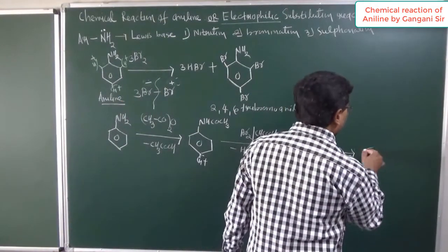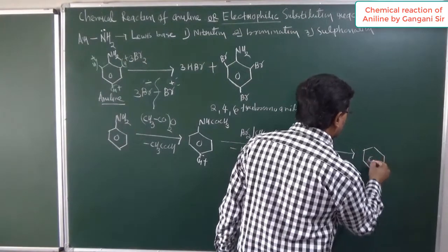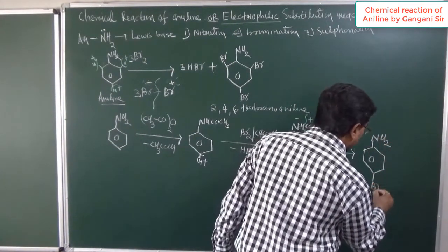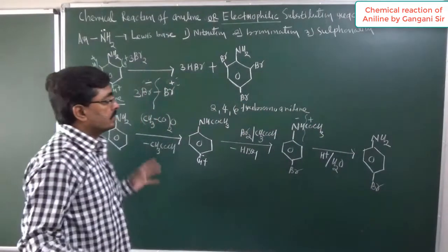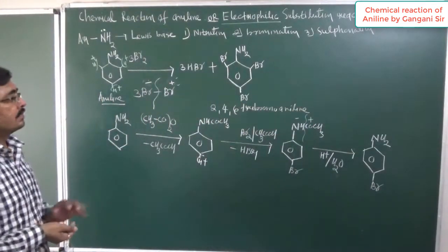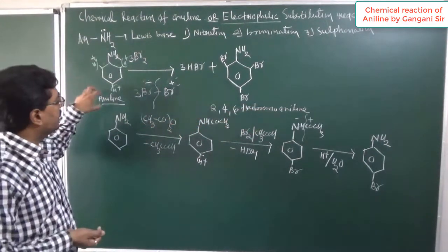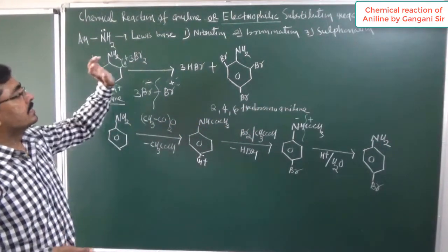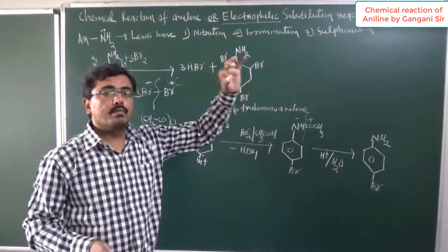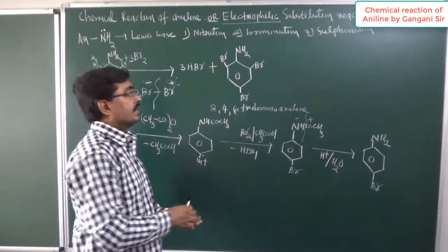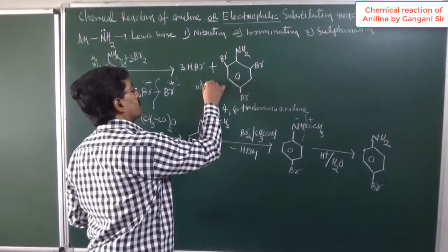As a result, I will get mono substituted product, means this is para bromoaniline. So by using these two different methods, suppose we want 2,4,6-tribromoaniline, then aniline solution is directly allowed to react with a concentrated bromine solution, and as a result we get this white crystalline solid substance.